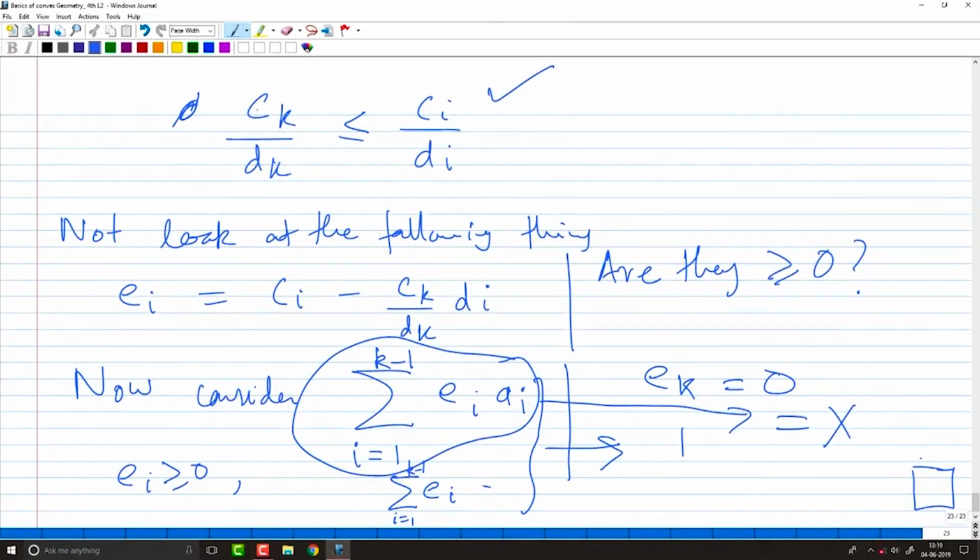I will be able to use the affine dependence property as long as I have greater than or equal to d plus 2 points. At d plus 1 points, this itself goes, and that plays a fundamental role in the proof. So one thing you do is check these expressions. This is just playing around, but this completes the proof.